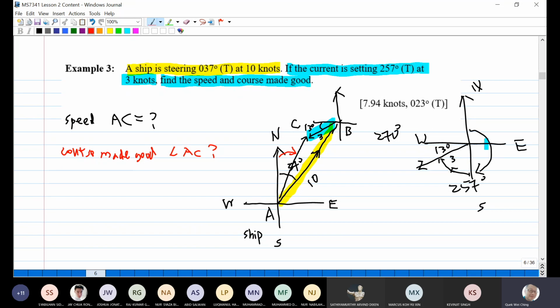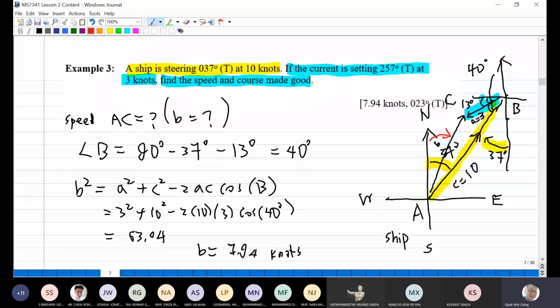Okay, so from here, I use the cosine law because you observe what kind of law you can use. I tried the sine law first, then I got stuck because I don't have enough information. These are the only 2 laws you can try. Then after that I got the speed, the vector AC.